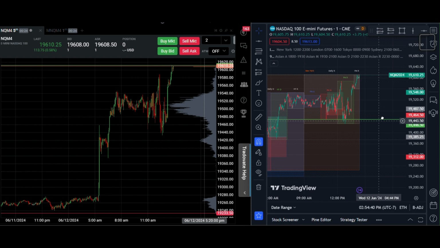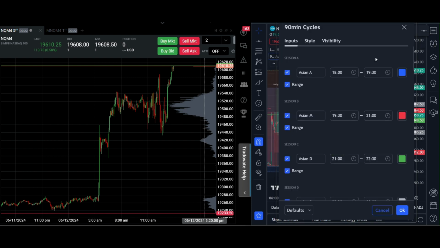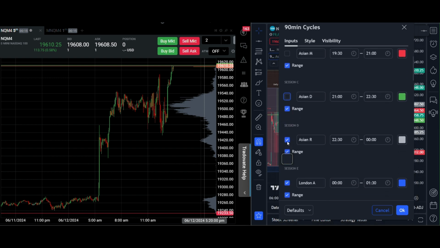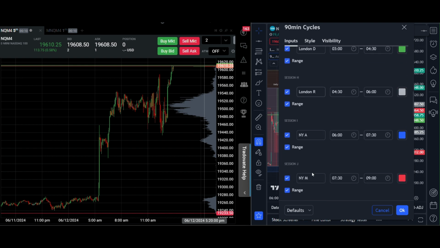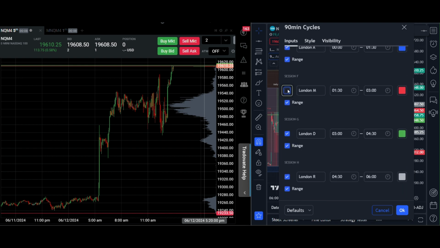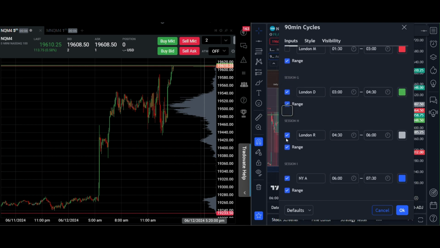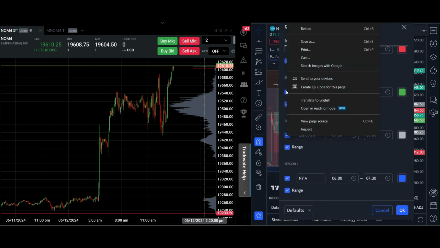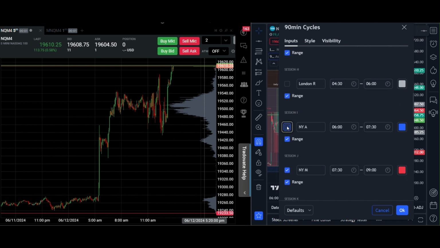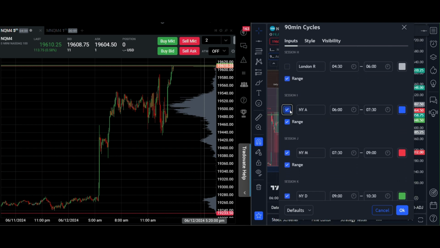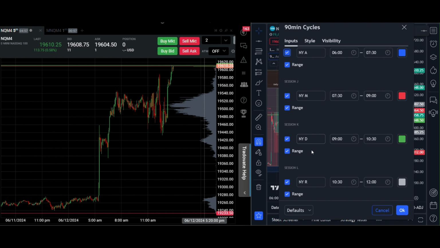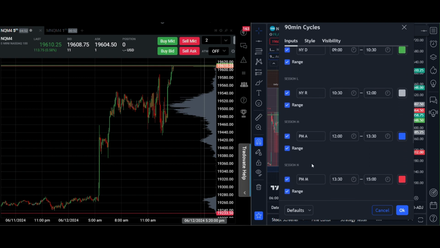Is it this one? Yes, it's this one. So I just do New York and London. I take off Asian accumulation, manipulation, distribution, retracement, and London accumulation, manipulation, distribution, retracement. I look for the first New York accumulation, manipulation, distribution, and then retracement. Watch, you'll see how accurate this is.